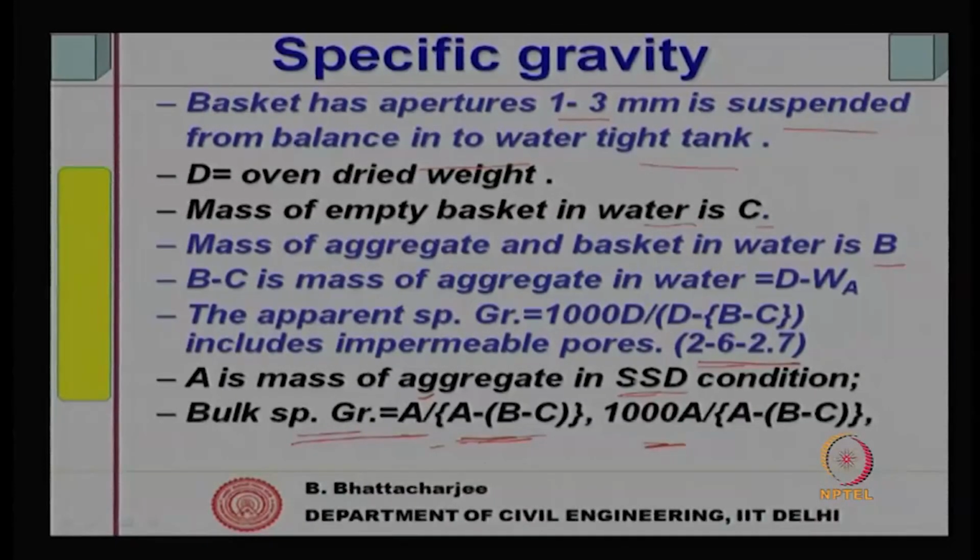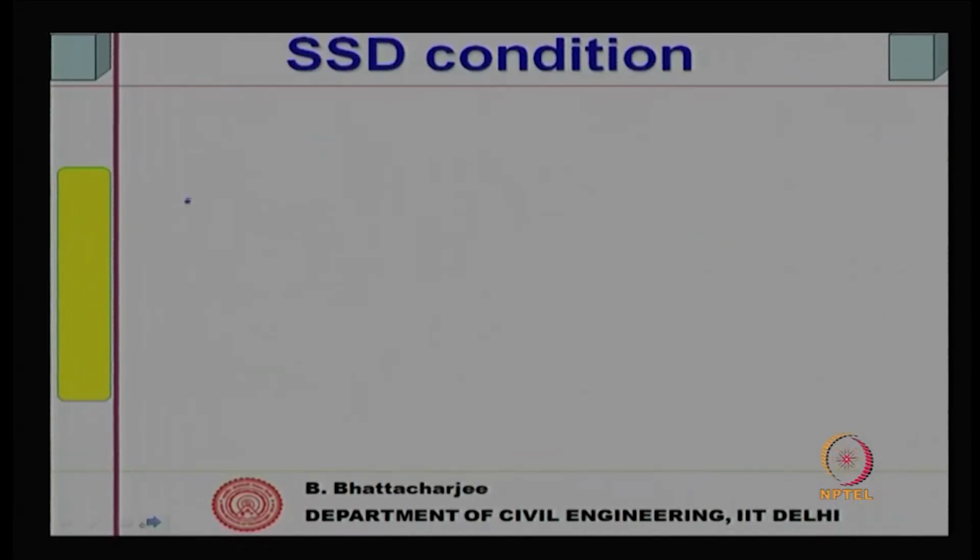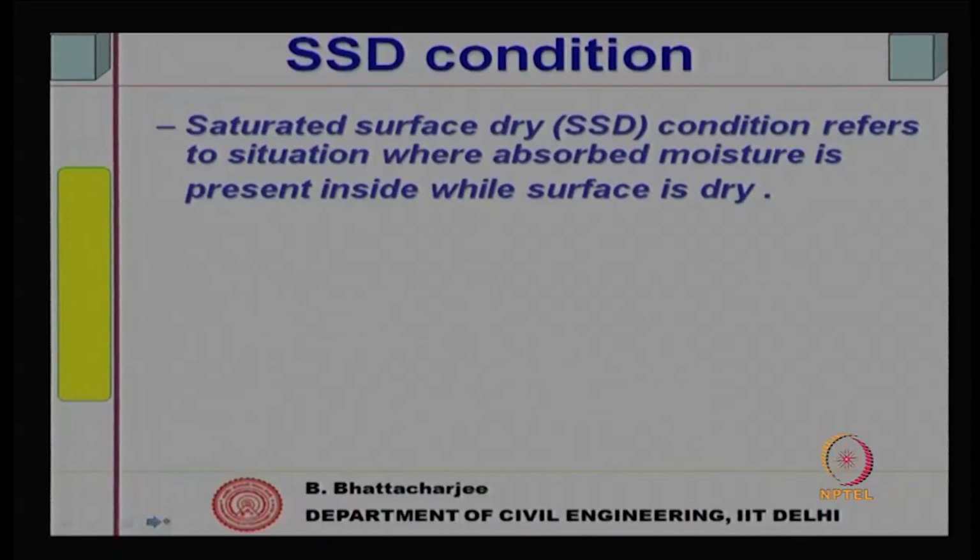We will look into saturated surface dry condition quickly. Saturated surface dry condition refers to a situation where absorbed moisture is present inside while the surface is dry, and that is a standard condition used, because it is very difficult to control or standardize the moisture content.